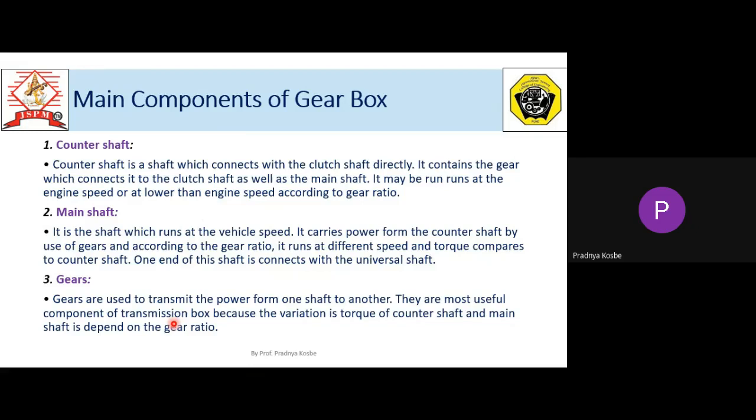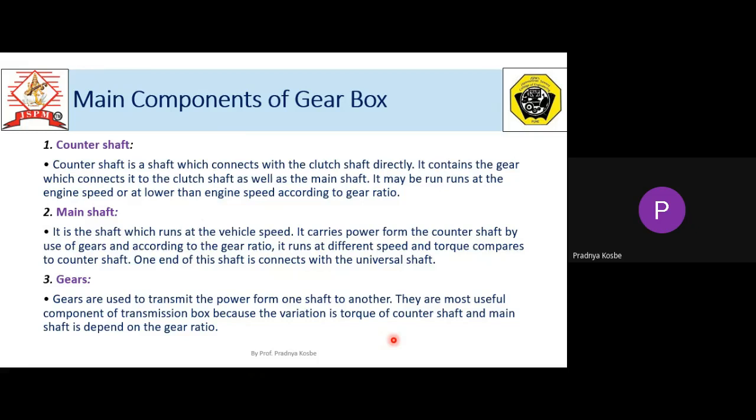Next, gears. Gears are used to transmit the power from one shaft to another. They are the most useful component of the transmission gearbox. Now, how much speed reduction will take place?